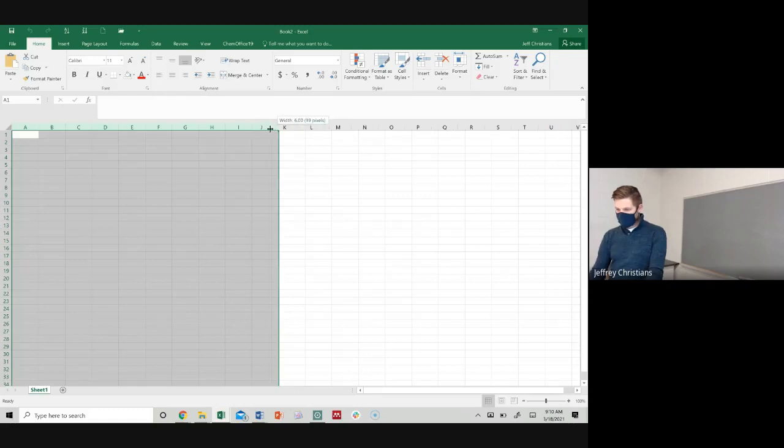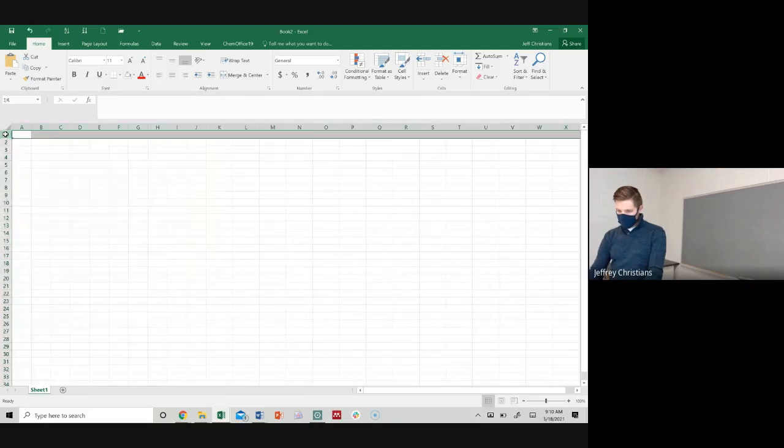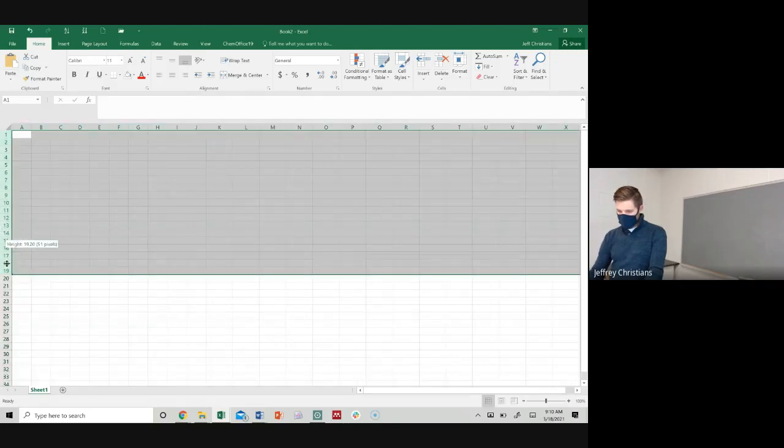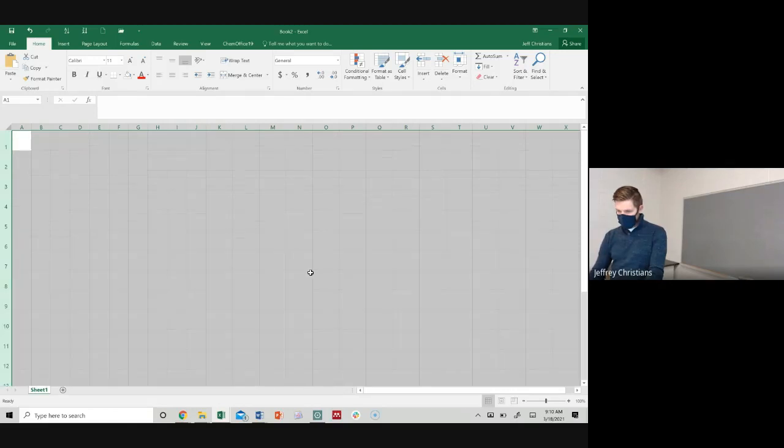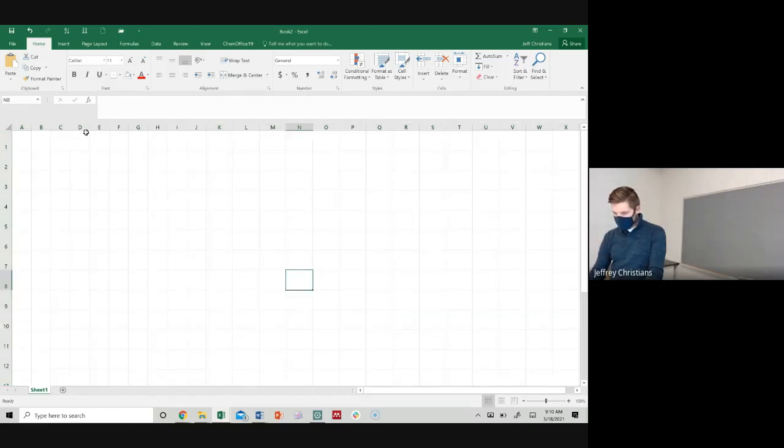So we'll make this our grid. Okay, so I'll make it squares so that we can see a little bit.